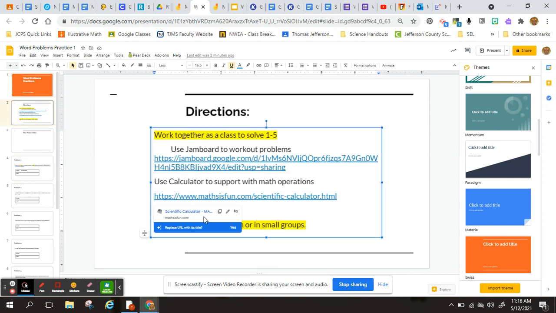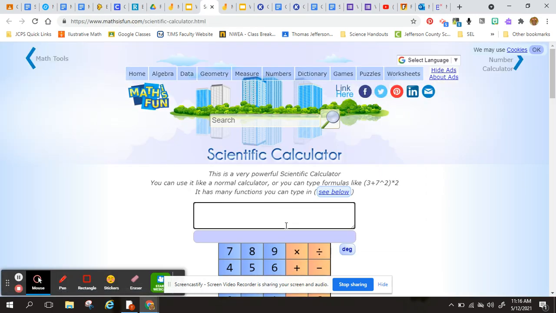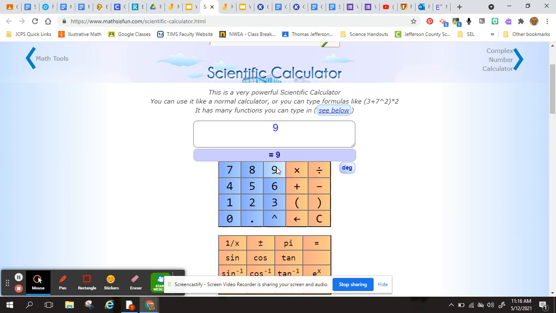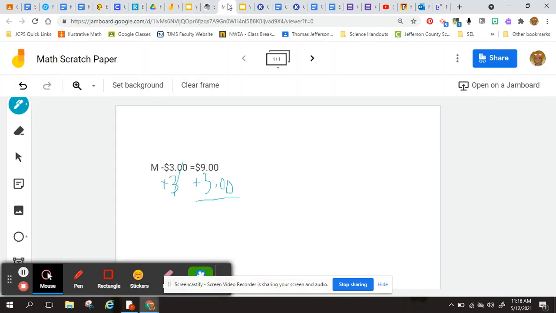There's a calculator. I'm going to click on it and put in my numbers, 9 plus 3, and get the answer 12. Okay, so we're going to go back to our Jamboard. We know our answer is 12. $12 is what he had before he spent it, so M is equal to 12.